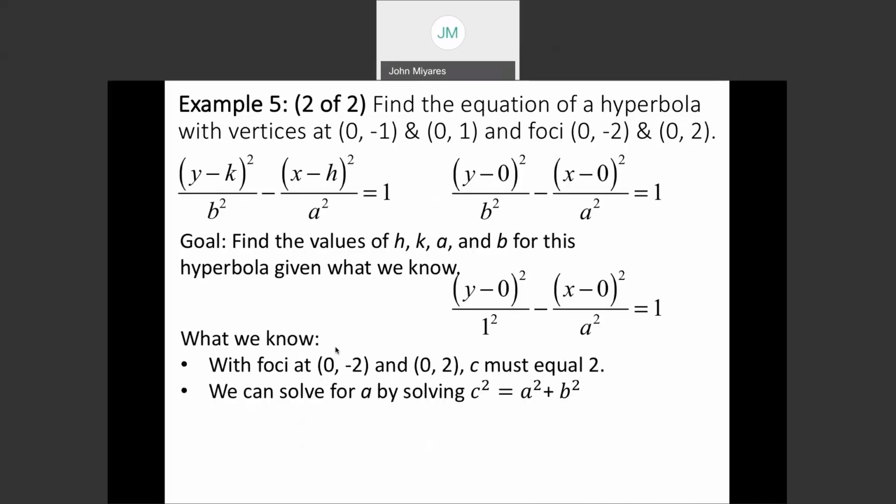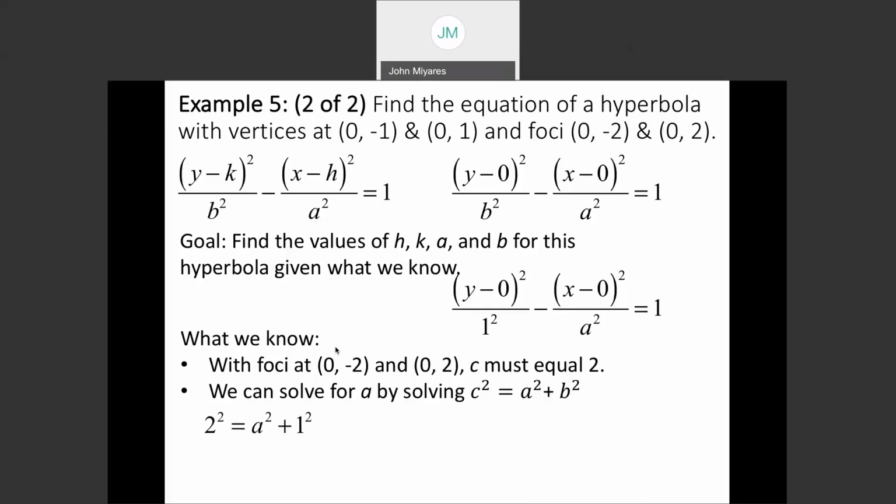Now, the other information we're given is about the foci. Since the foci are at 0, -2, and 0, 2, then the c value, the distance from the center to the focal points, must equal 2. So we know the value of b equals 1. We know the value of c equals 2. We can solve for the value of a by using the formula c squared equals a squared plus b squared.